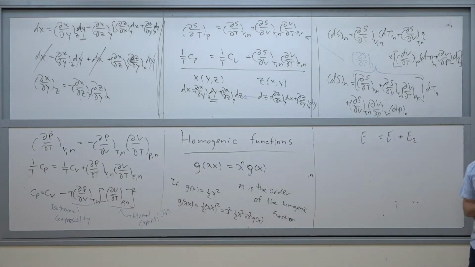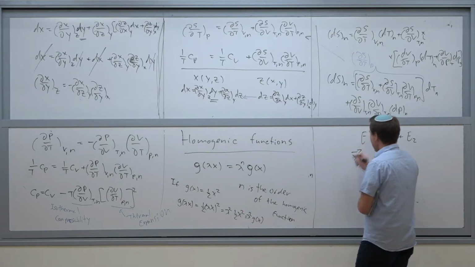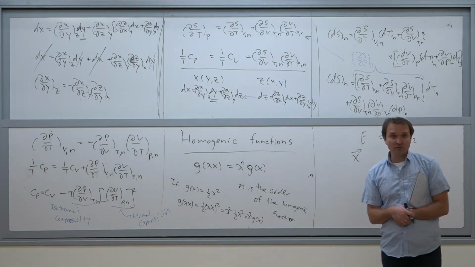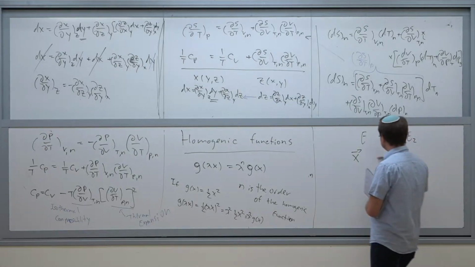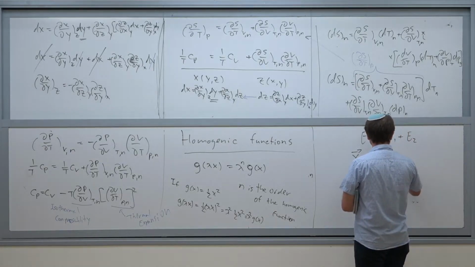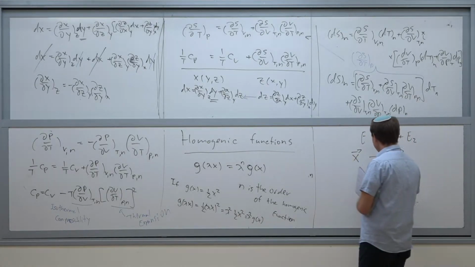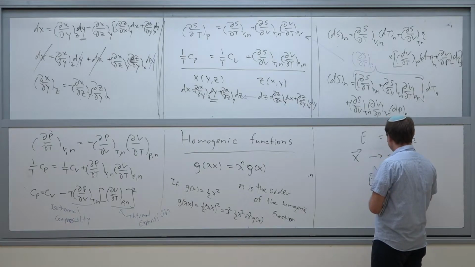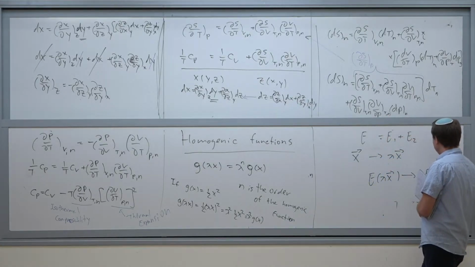Basically, this means that if we have x as our extensive variables, for example variables that define the size of the system, and we transform them into lambda x, we know that E of lambda x is transformed into lambda E of x.